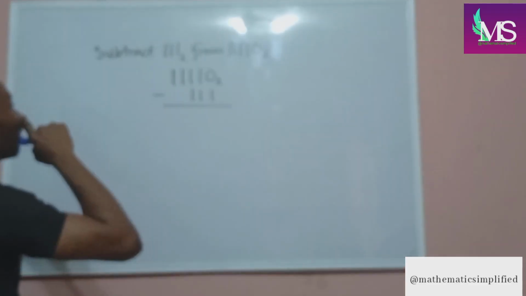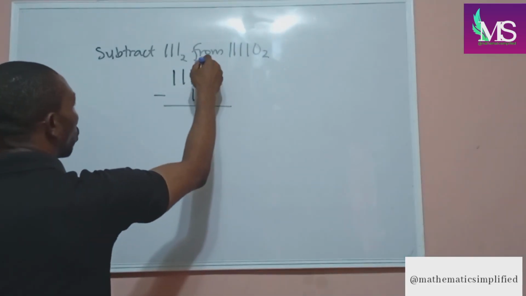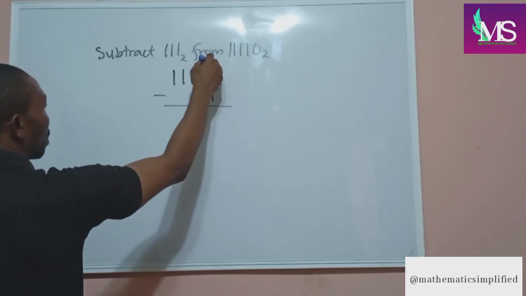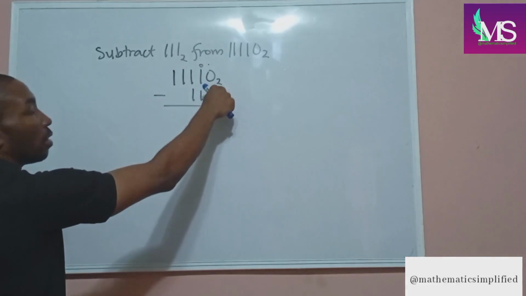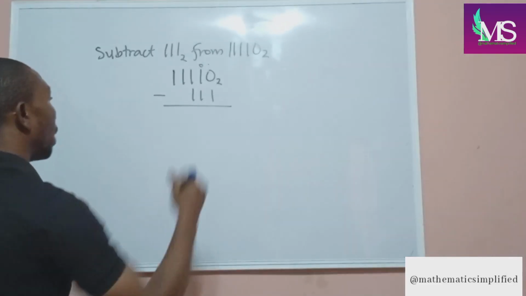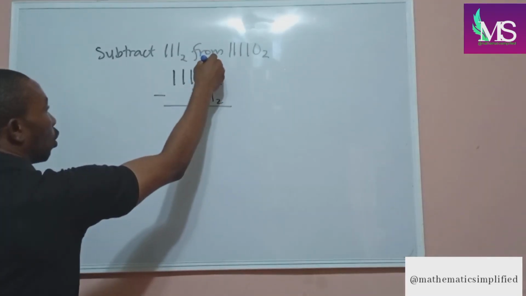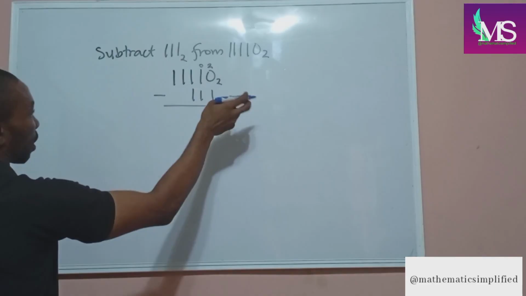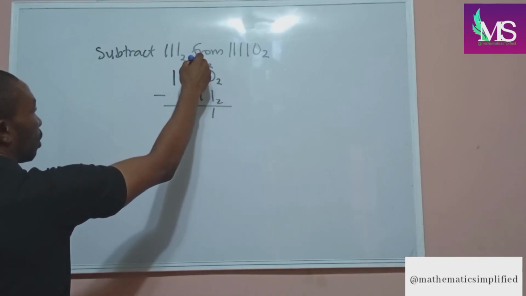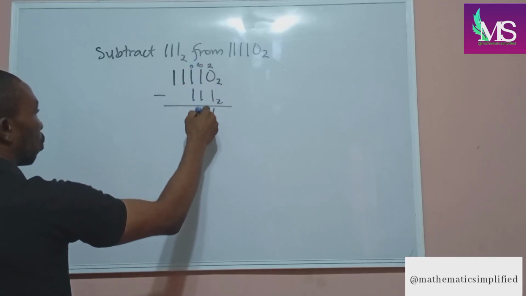Okay, now 0 minus 1 cannot, so we borrow 1 from here to put this at 0. Whatever we are borrowing will be the base number. So borrowing 1 from here will become 2. 2 minus 1 will be 1. 0 minus 1 cannot, so we borrow from here to make it 2. 2 minus 1, 1.